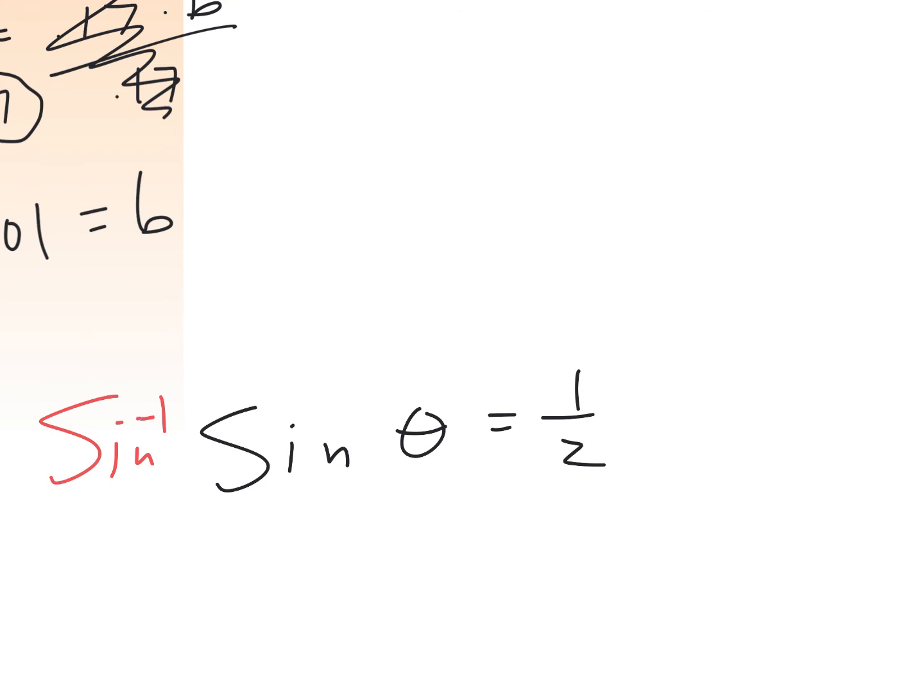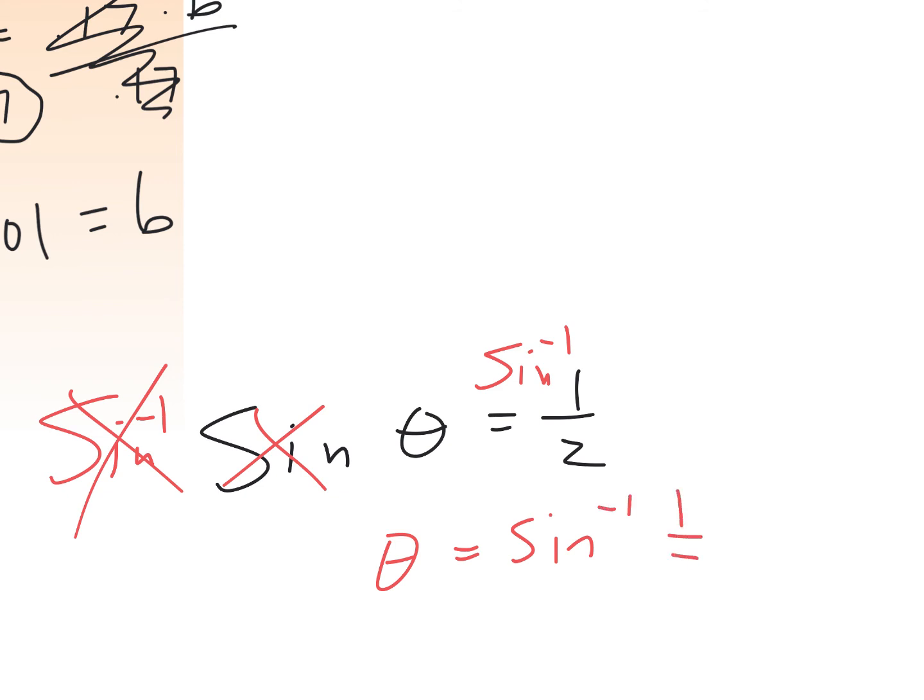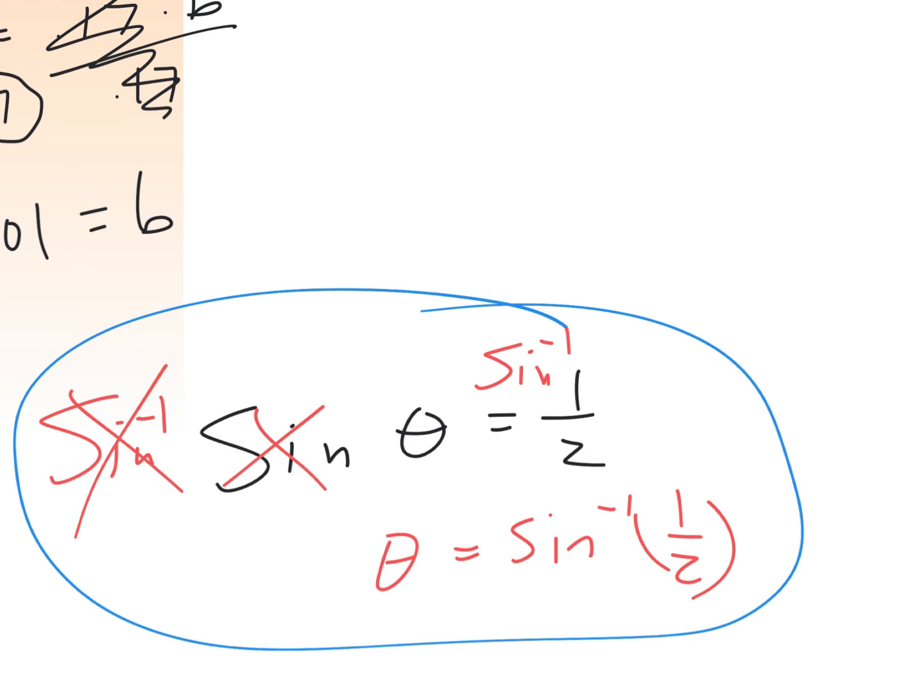So if you end up with something like sine of theta equals 1/2, you have to be able to go, oh yeah, inverse sine on both sides. This is going to come up for sure as you do some homework on this. Inverse sine on both sides. Theta equals inverse sine of 1/2. I'm not saying this is the answer to our question. I'm saying be prepared to do inverse sines too, because sometimes you have to solve for an angle.